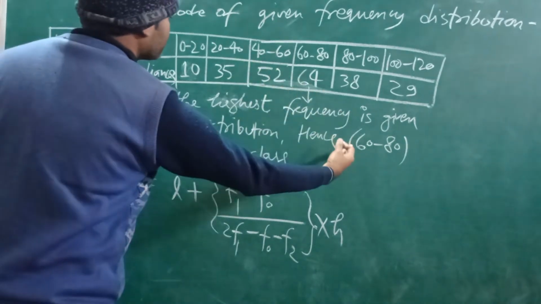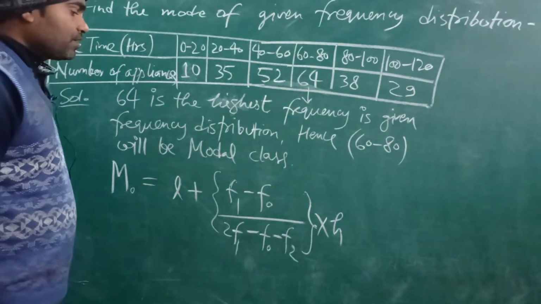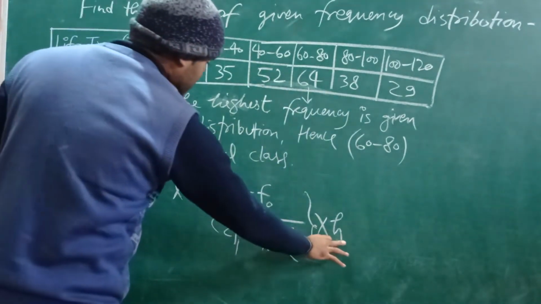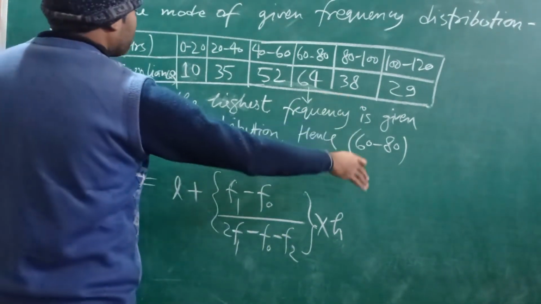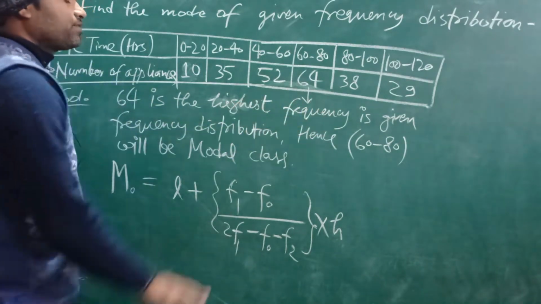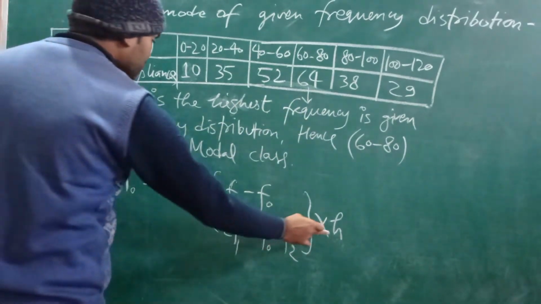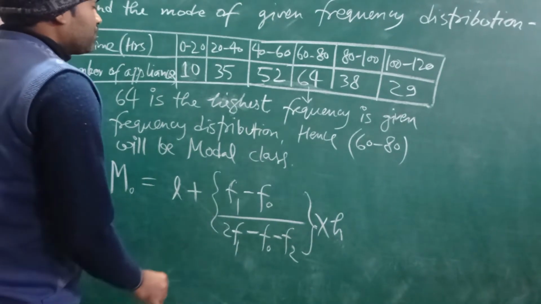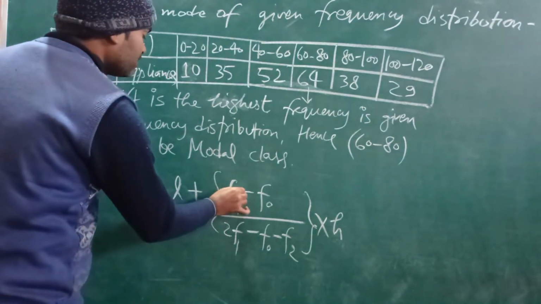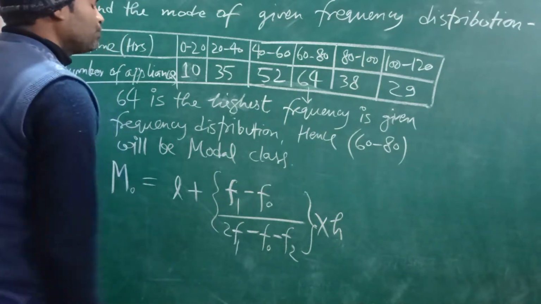The lower limit will be 60 for this problem. H is the class size, given by upper limit minus lower limit, 80 minus 60, which is 20. These two terms are clear, L and H, lower limit and class size. After that, F1, F0 and F2.